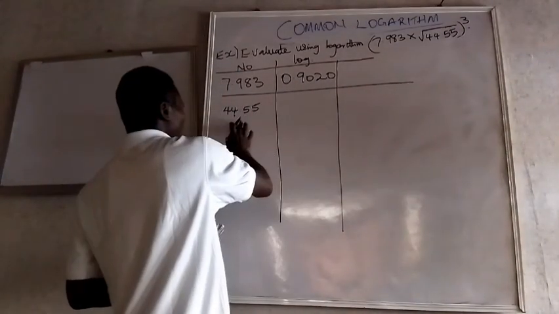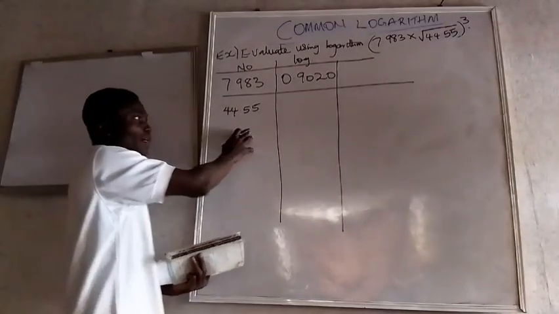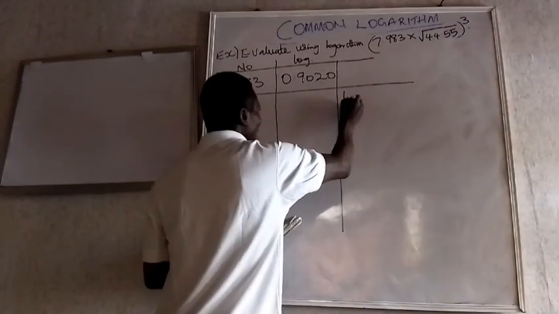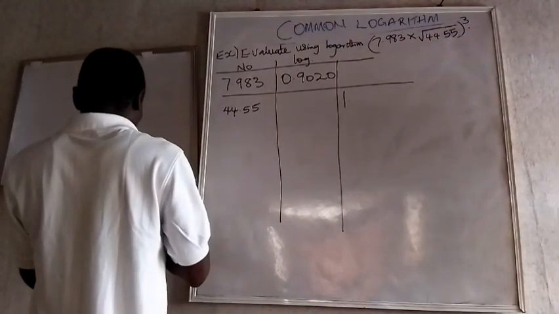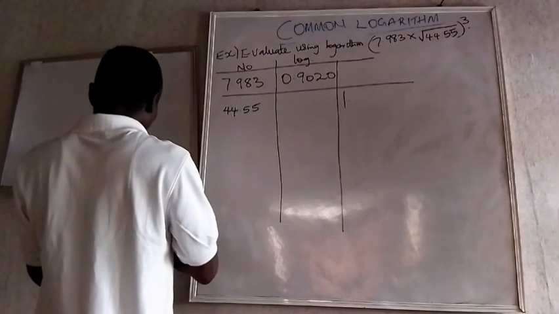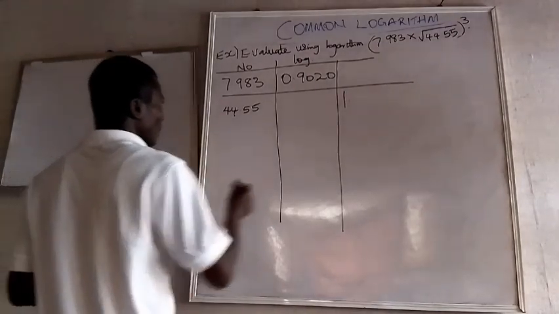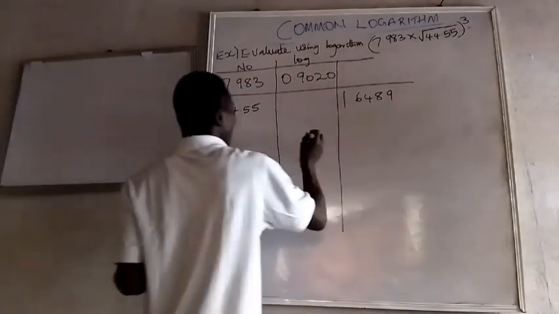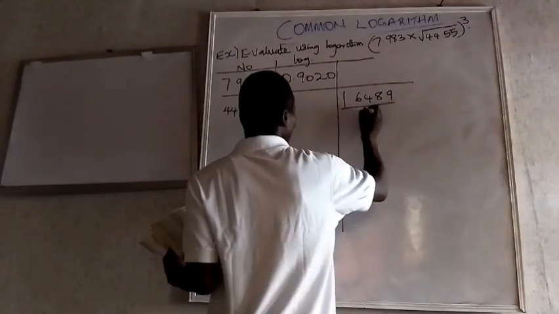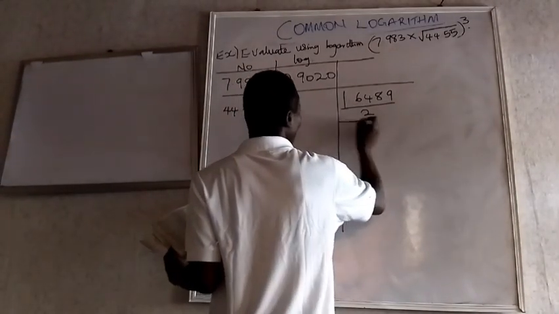So let's find the log of this one. You can see it is 44.55, so the characteristic will be 1. So 1.6489. Let's divide this one by 2. What does it give?